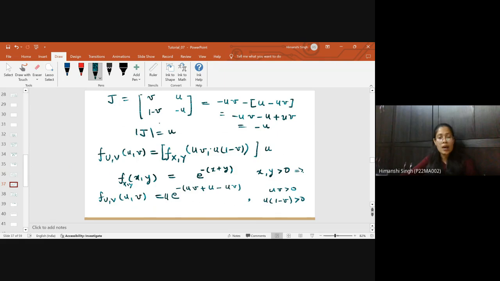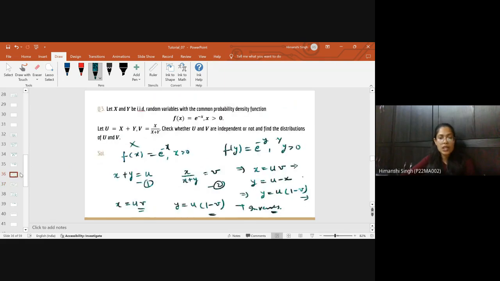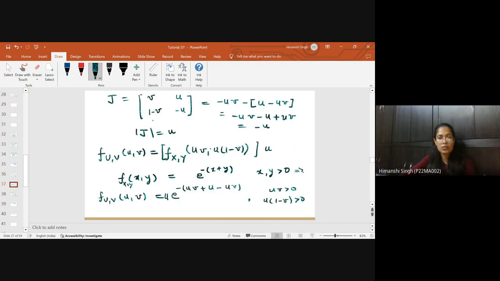Then I need to find the partial derivative of y with respect to u and with respect to v. Then I'll put it here, this 1 minus v and minus u. And I'll find the determinant of this matrix, which came out to be minus u. And since I need to take the modulus for this, it is u.